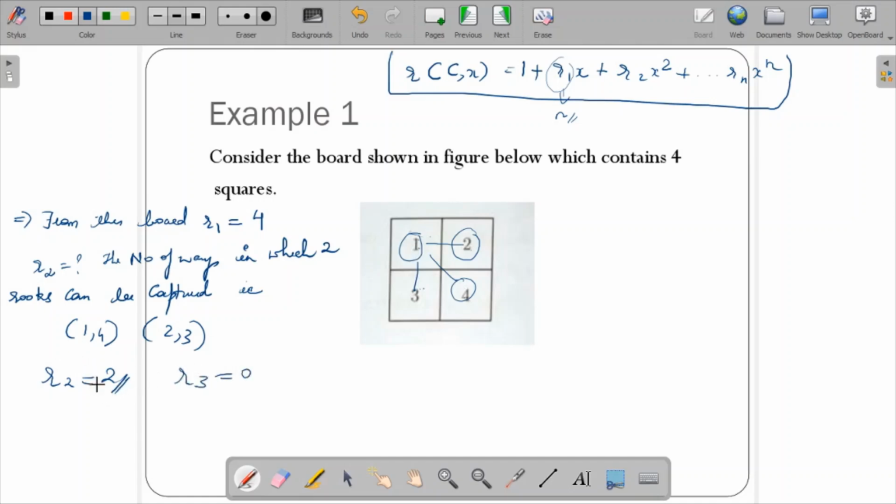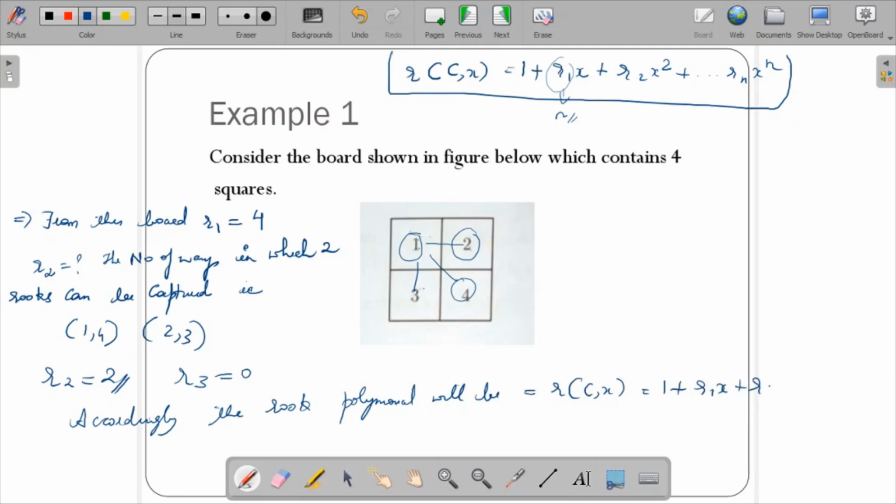So accordingly, the rook polynomial will be R of C comma x equals 1 plus r1 of x plus r2 of x square.